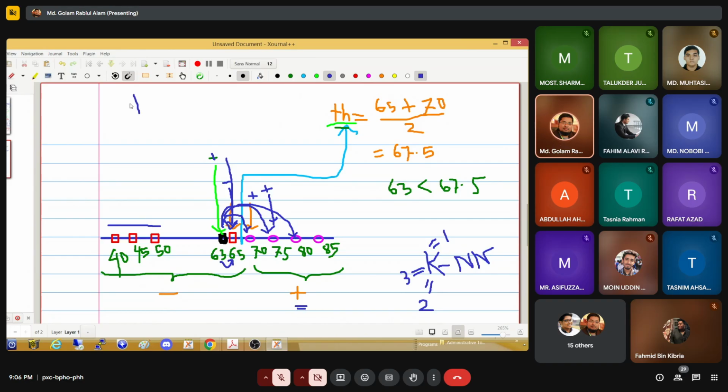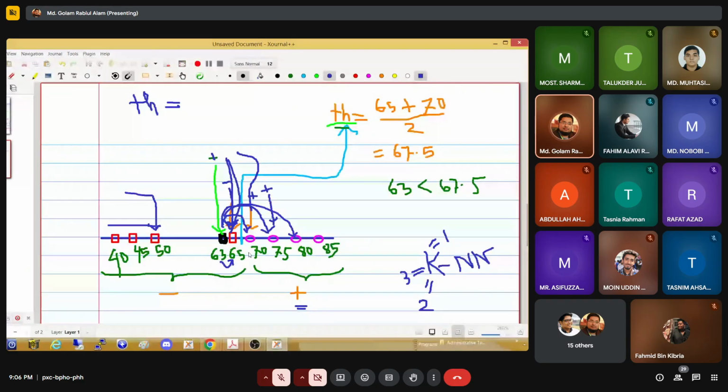If we allow one misclassification, then this one will not be considered as our support vector. This one will be considered as a support vector, and another support vector is this.